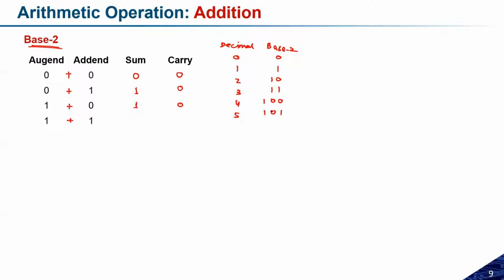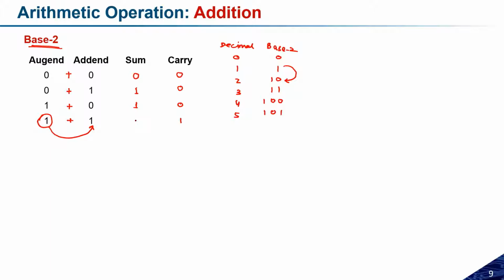So what we are doing here is, we have a number which is 1 and I'm incrementing it by 1. What it means is the number becomes 1 plus 1, and it will become 1, 0. The sum will be 0 and a carry will be generated.